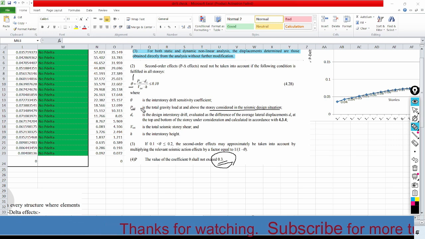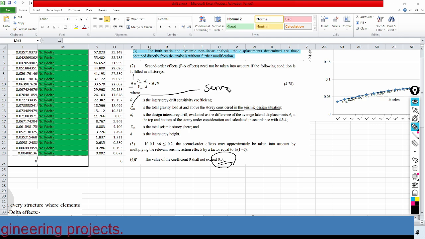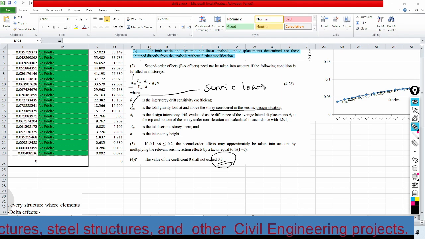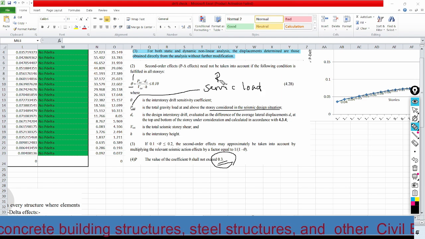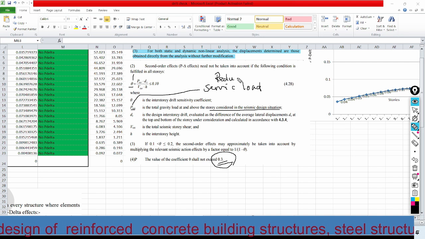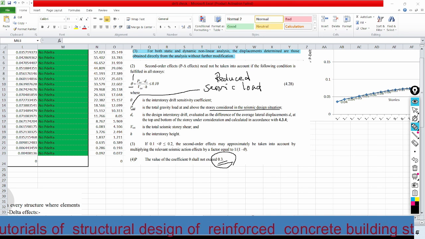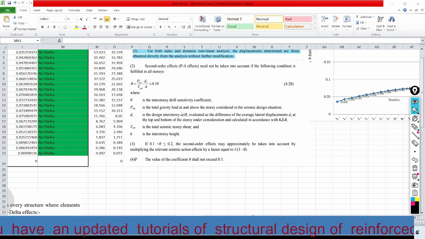That means this one is under service load, which is a reduced service load.